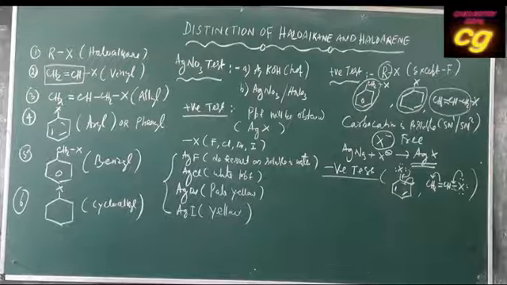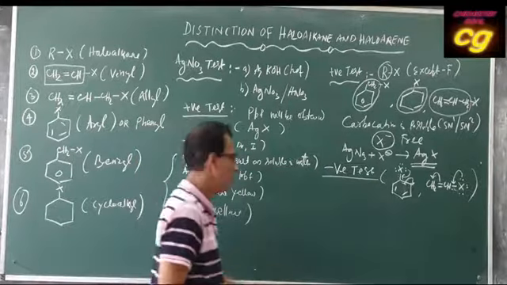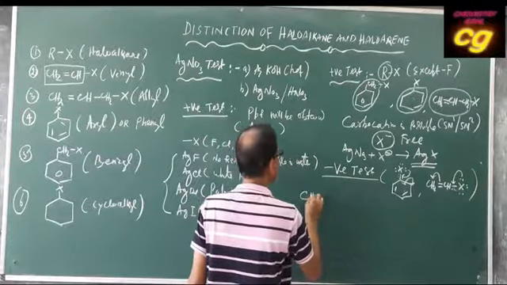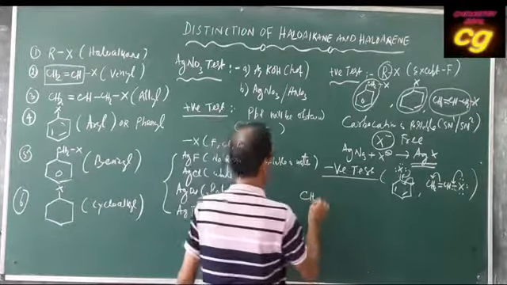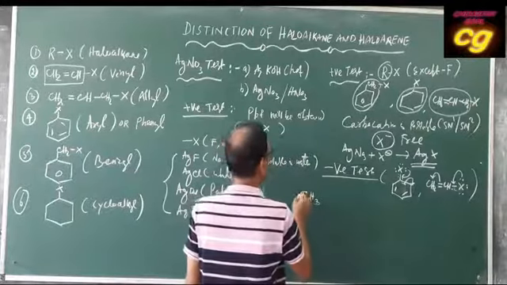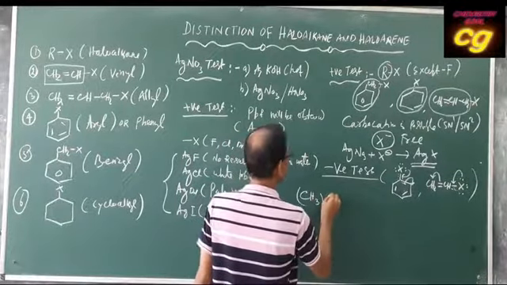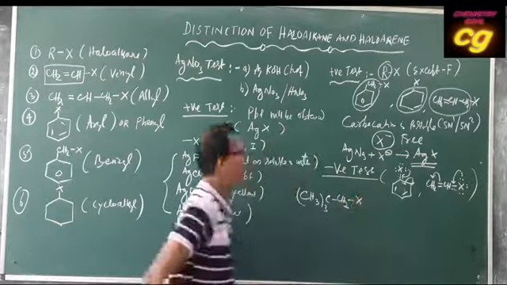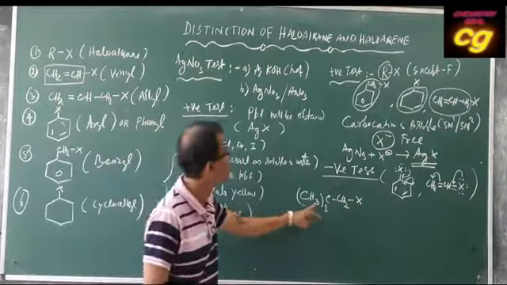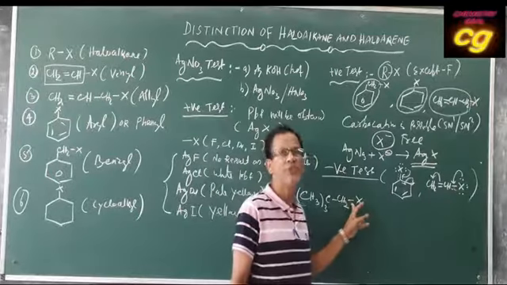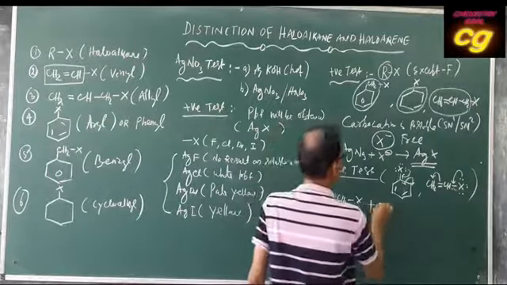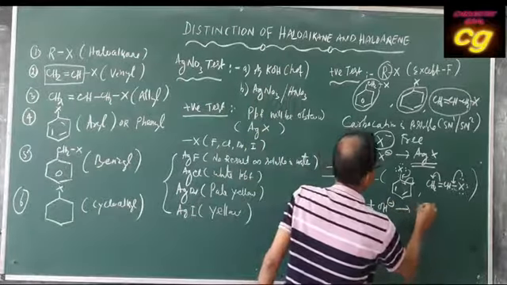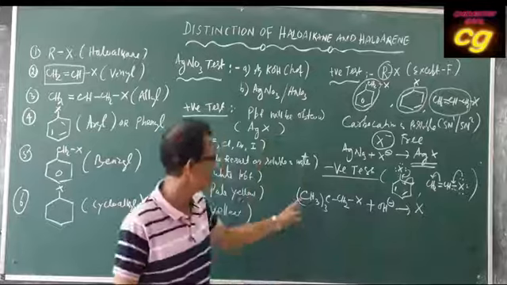Then another important point: if the compound has a bulky group, remember, for example this one, it will not give a positive test, because the bulky group will not allow the attack of OH minus. You add aqueous KOH first, OH minus, but no reaction. Generally the reaction is very slow.